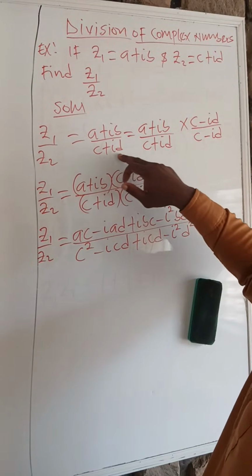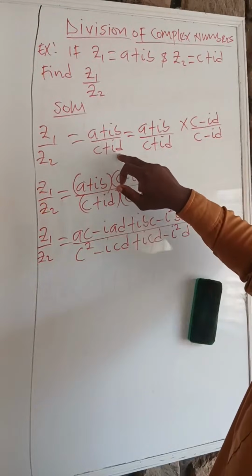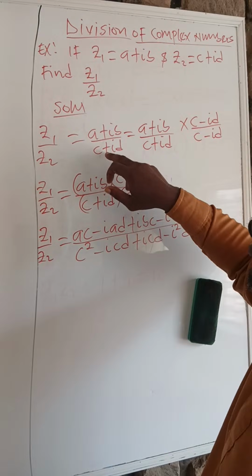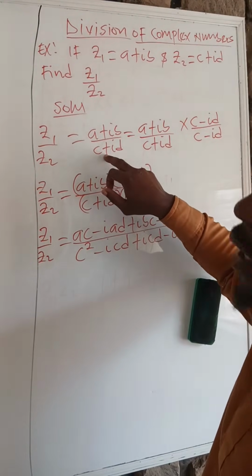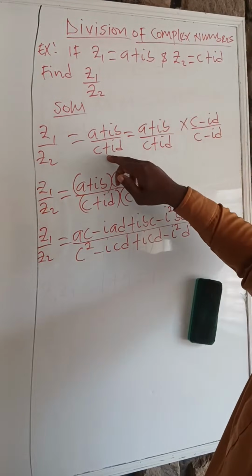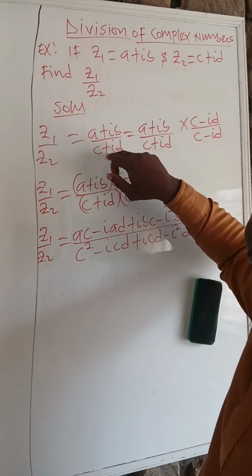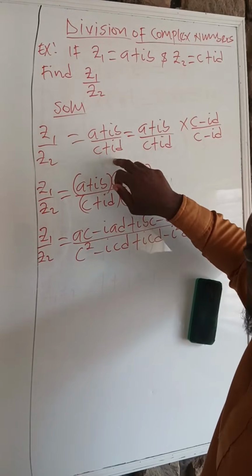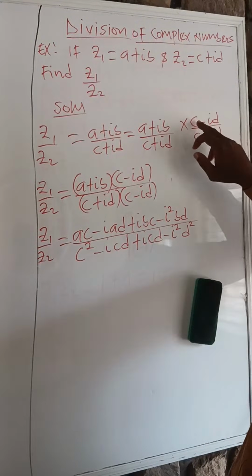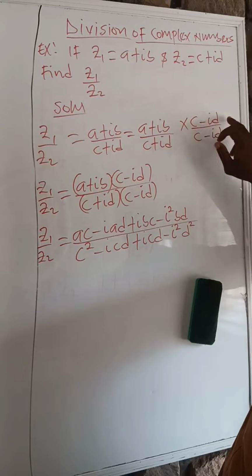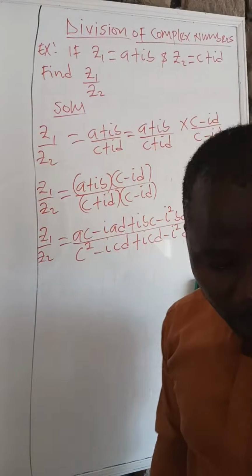So you conjugate this denominator, C plus ID. What is the operation in between C and ID? It is plus. Since it is plus, when you are conjugating, you convert it to minus. But supposing it is minus, you convert it to plus. So you can now see the right hand side: we have converted plus to minus, all over minus. Do you understand?